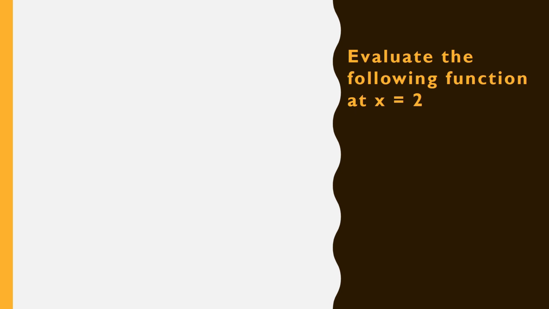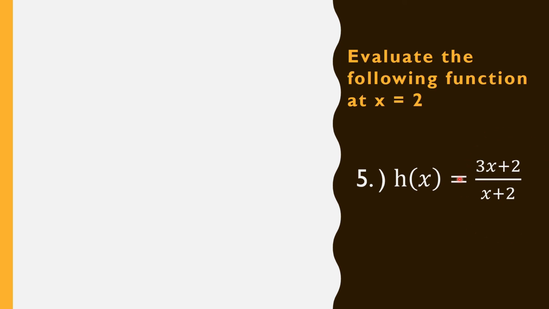Another example, we have the same value of x. Still, it is 2, but this time we have h of x equals 3x plus 2 over x plus 2. Okay, so rational expression na siya.